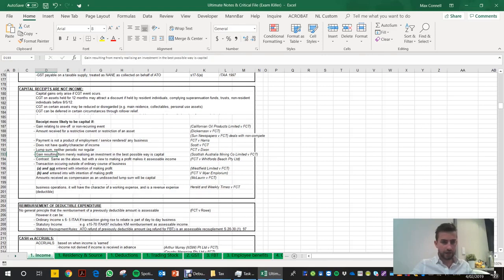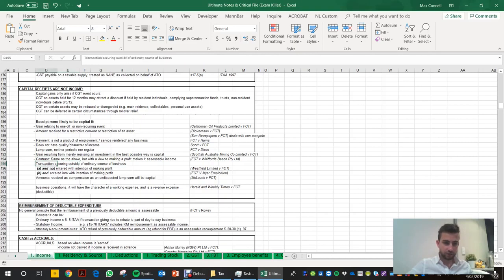And they realized the investment to maximize their cash because that was a change of business strategy for them, but it would result in more money coming in for them. Ended up being a capital gain. So you want to reference Scottish Australia Mining Co Limited. Similar to Whitford's Beach as well, so they decided that they were going to sell the beach with a view to make the best possible return, and it was deemed as capital.